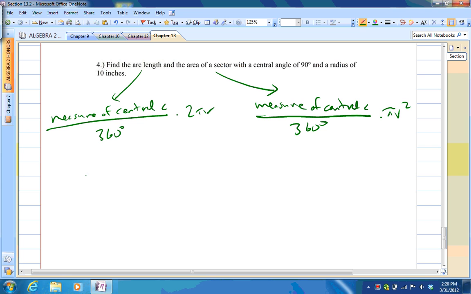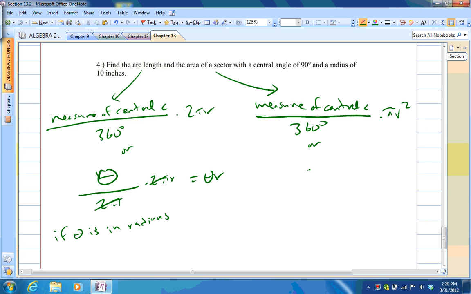But now that we can use radians, you can use theta over 2 pi times 2 pi r if theta is in radians. So those cancel, and you get theta r.